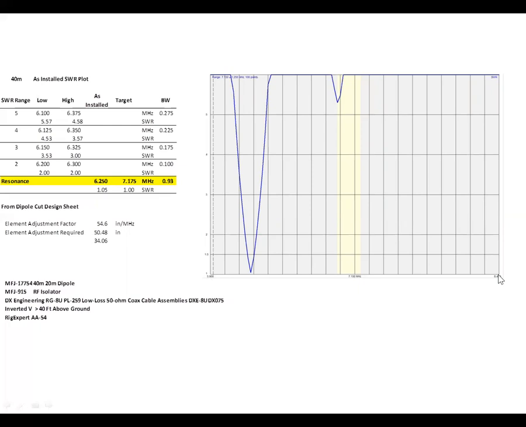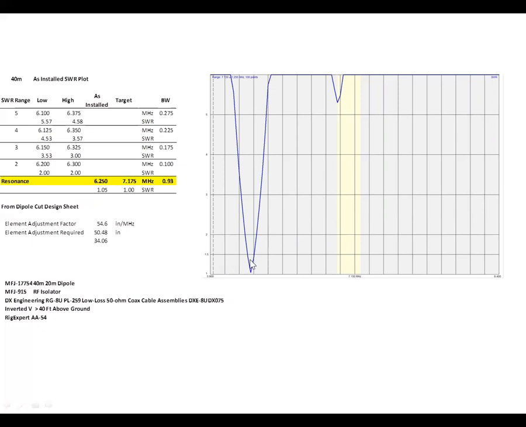So what this showed me when I ran the frequency analyzers on 40 meters is that I had the SWR reach a minimum here, nearly 1, which is ideal for standing wave ratio, but it was at this frequency, which is way below where I needed to be. So what I needed to do was to somehow get this resonant point moved up into the band where I needed it.